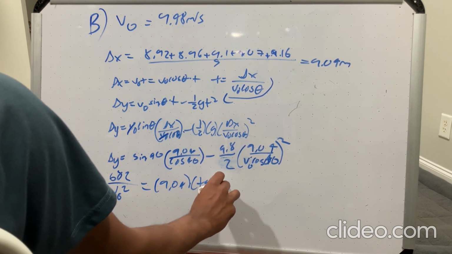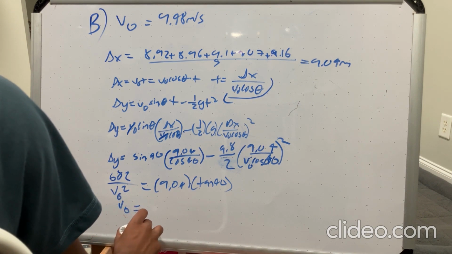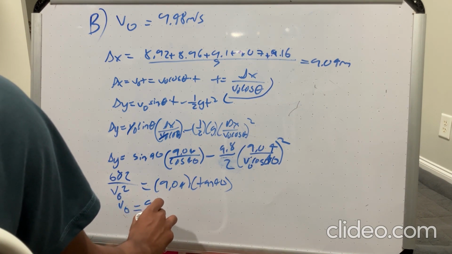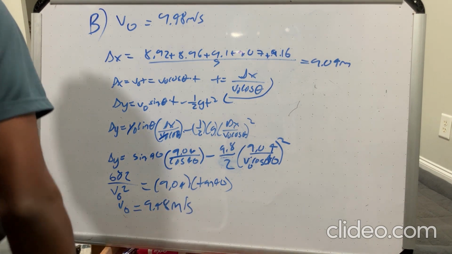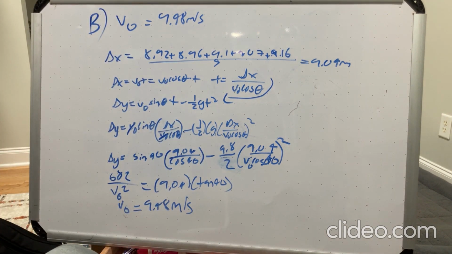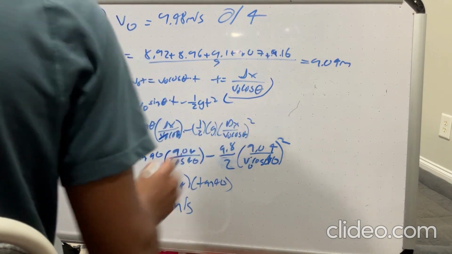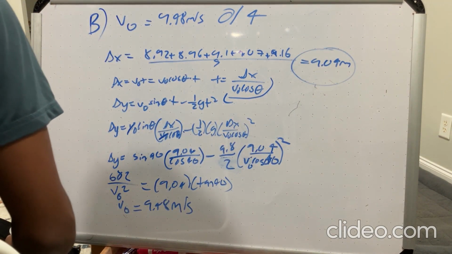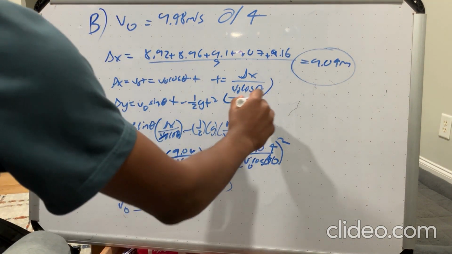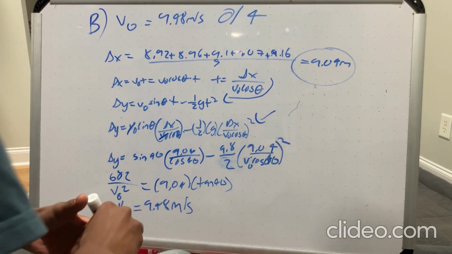Tan of 40, and you solve for v naught squared and square root it, and you get 9.48 meters per second. Pretty neat, but we did not do that. We got 0 points out of 4. 2 were given for finding the average range, and 2 were given for substituting the appropriate equation into its main equation.